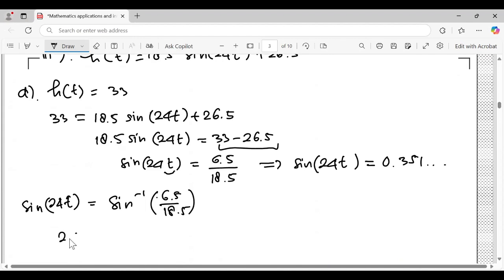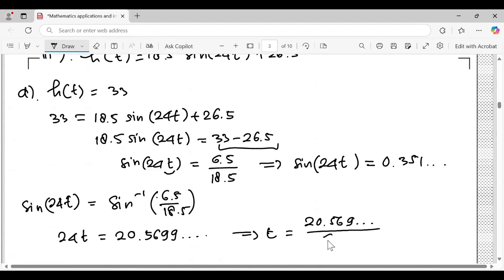Okay, so 24t equals 20.5699 and so on. So it means t equals 20.5699 divided by 24, and the result is 0.857.